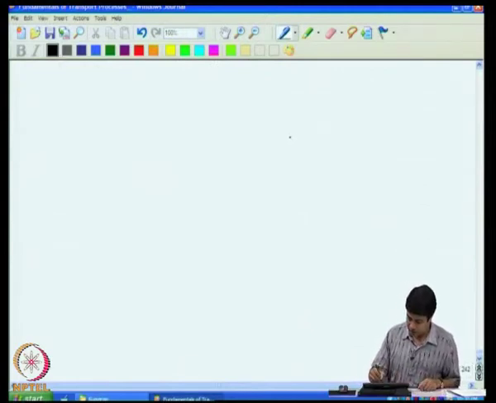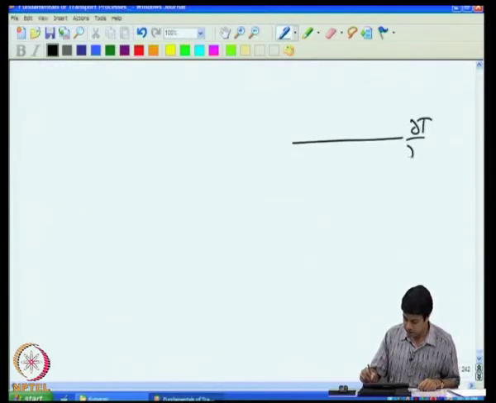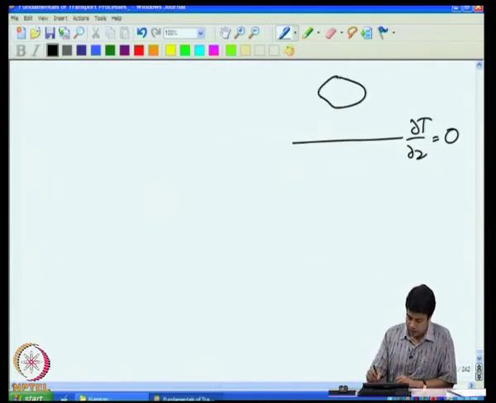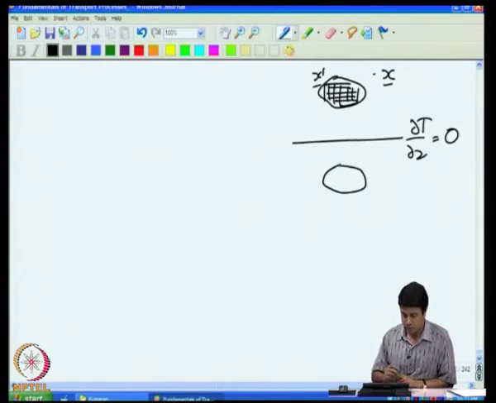On the other hand, if I had an insulating wall on which dT by dz is equal to 0, the normal derivative of the temperature is equal to 0, and I have a source here. This is the observation point x, this is the source point x prime. Then I need to consider an image of this source below.